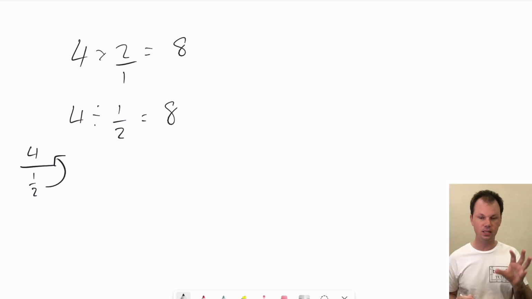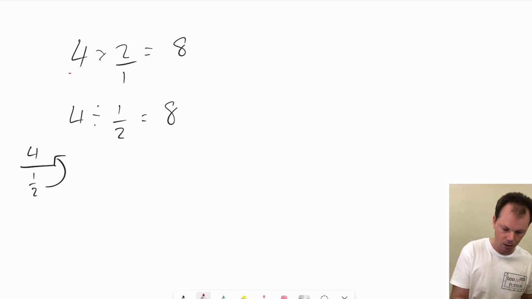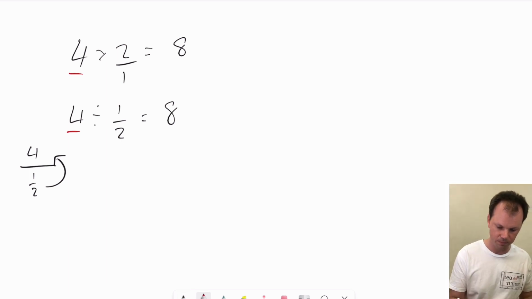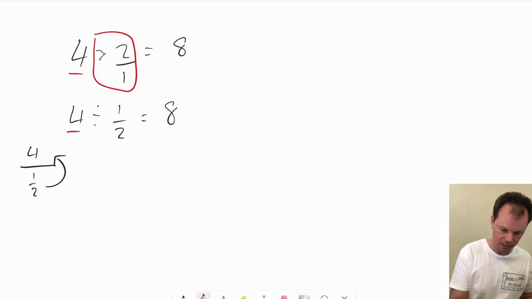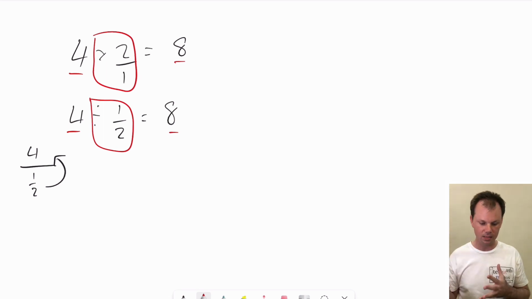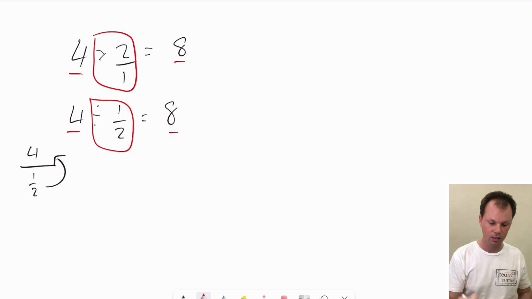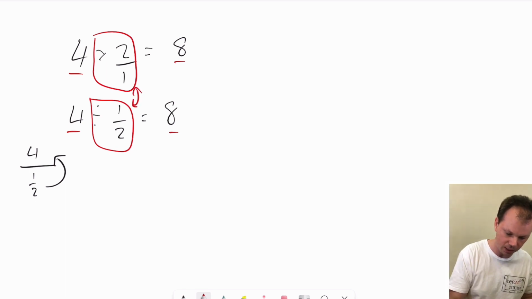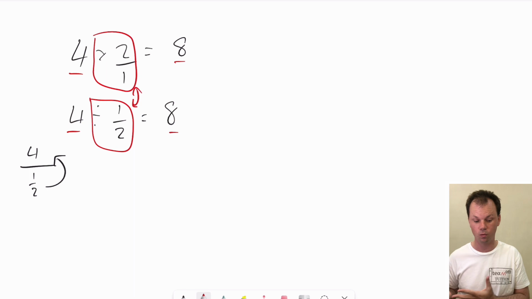Now let's look at the similarities and the differences between these two equations. The first part is the same. The second part is different. And the third part is the same. So what that means is if we have the start and the end the same, but the middle part is different, these two things must be equal to each other for it to work.